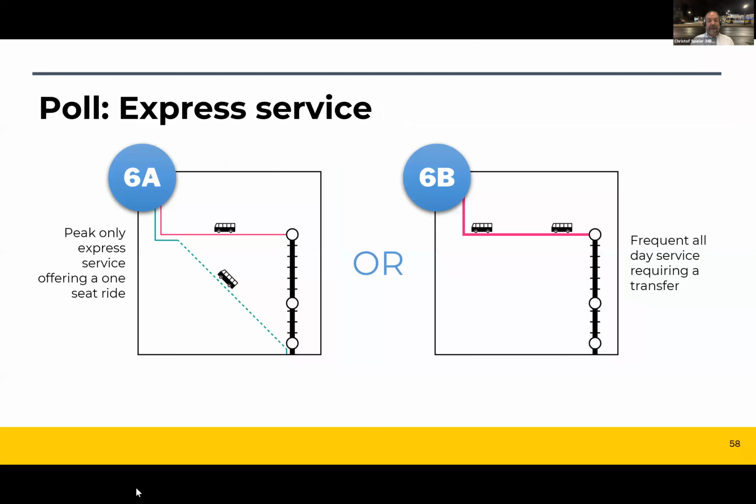So which do we prefer? Peak-only express service with a one-seat ride, even if it means the local connecting route is less frequent, or do we prefer frequent all-day service that requires a transfer? Votes coming in frantically. Give a little more time for people to answer here.